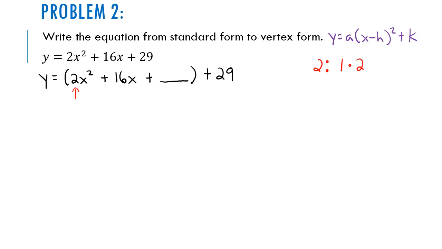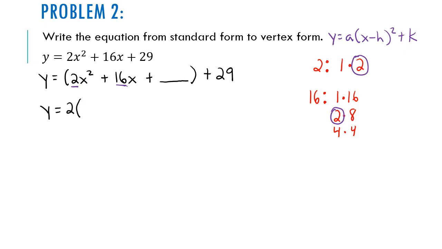Then what numbers multiply to give you 16? You have 1 times 16, you have 2 times 8, you have 4 times 4. And you care about what is the greatest number that they share. The greatest number that they share is a 2. So I'm factoring a 2 out of the 16 and 2. So my equation would look like this. I'm going to put the 2 here.